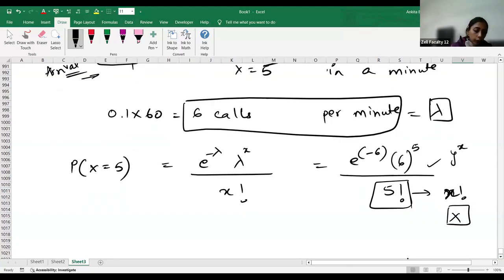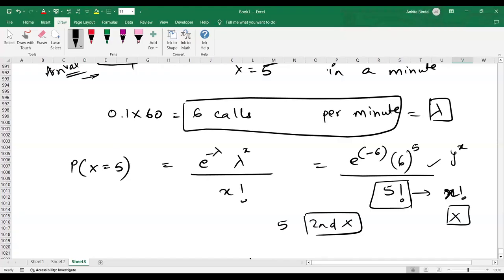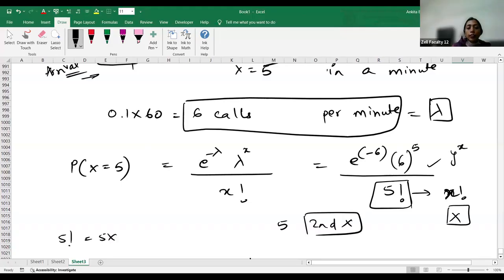So to find 5 factorial, write 5 and then press second and the multiplication sign. How much are you getting? 120. Because 5 factorial is 5 into 4 into 3 into 2 into 1, which is equal to 120. So you don't have to do a manual calculation. Directly, you can write 5 and then press second and multiplication sign. It will give you 120.